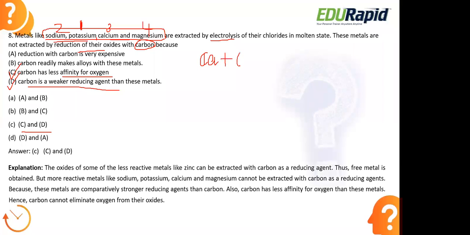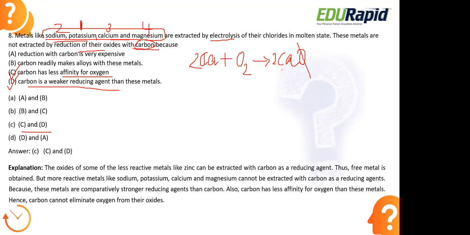If it reacts with oxygen, metal plus oxygen will always form a metal oxide, CaO. Metal oxide is formed when there is a reaction between a metal and oxygen. Now, the affinity between calcium and oxygen is high. They combine with stronger bonds than carbon. So carbon cannot remove the oxygen from here.